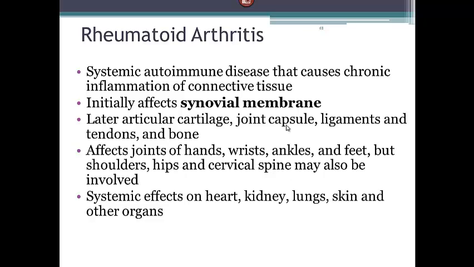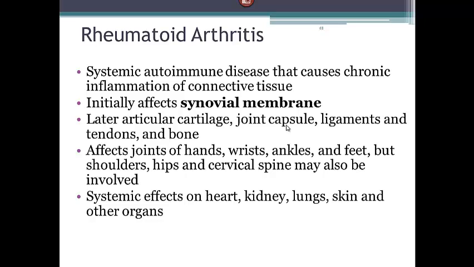So patients would have pericarditis with effusion, pleuritis with effusion as well, and they could have peritonitis. Very common to have nephritis and renal insufficiency, and also it's associated with subcutaneous nodules. It is also very commonly associated with other autoimmune diseases, such as Sjögren and lupus.